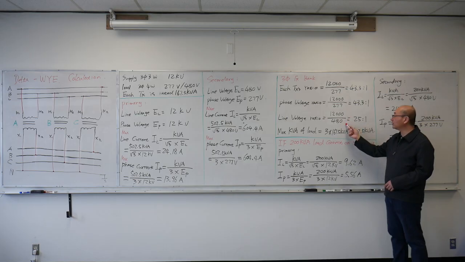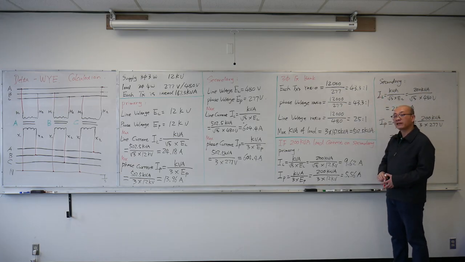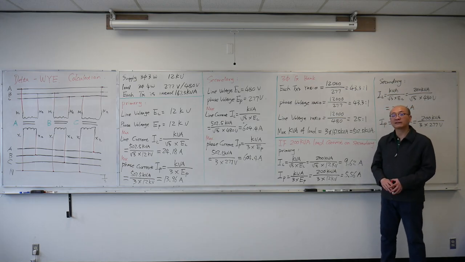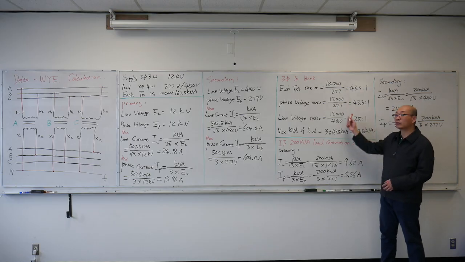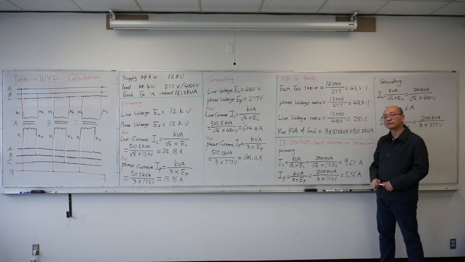So the line voltage ratio becomes 25 to 1. It's different than the phase voltage ratio, different than the transformer ratio this time. If you remember, for the last few lessons, only YY and delta delta transformers will have the same ratio across all 3. For delta Y, the line voltage ratio will be different than the phase voltage ratio and the transformer ratio.